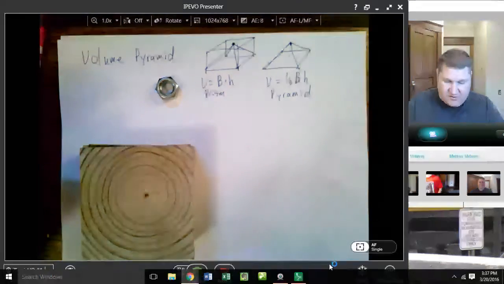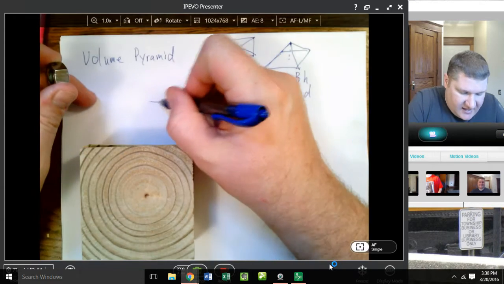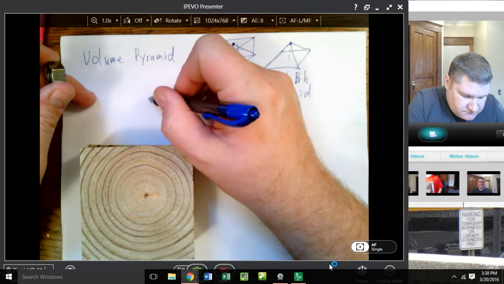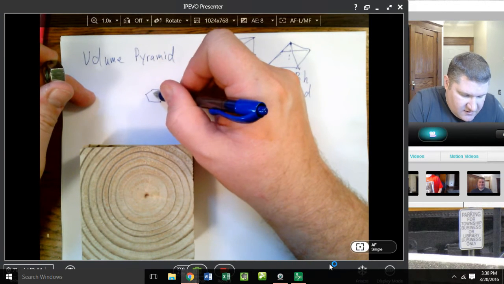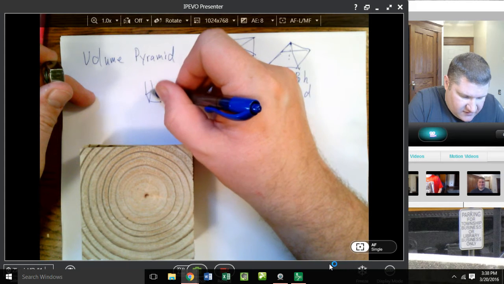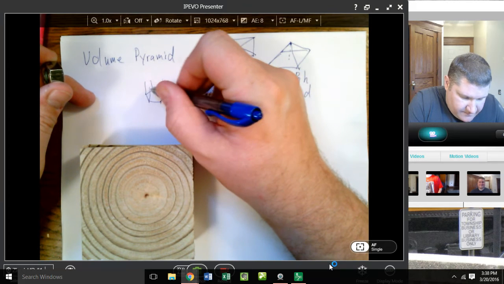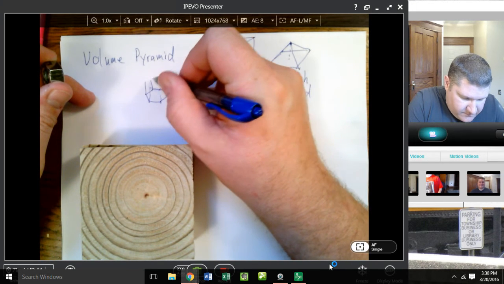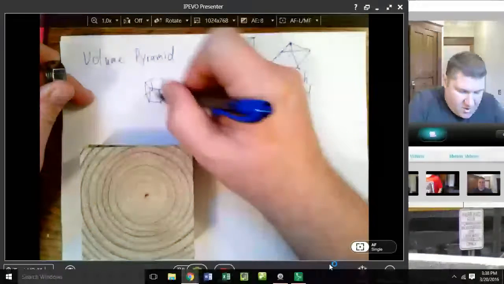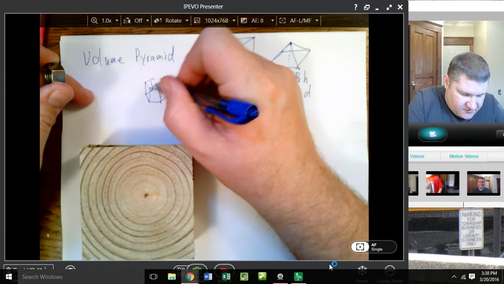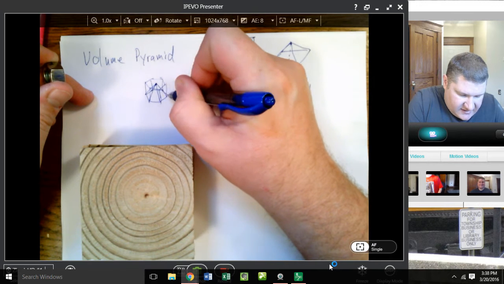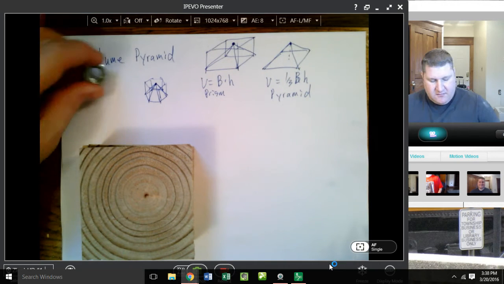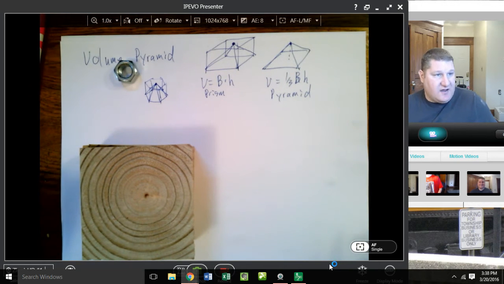Okay, I have a triangular pyramid. I could have a prism for a hexagon. Or again, if I take that dot and I go to each corner, I could have a hexagonal pyramid.